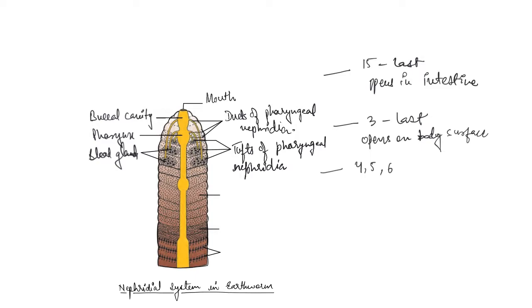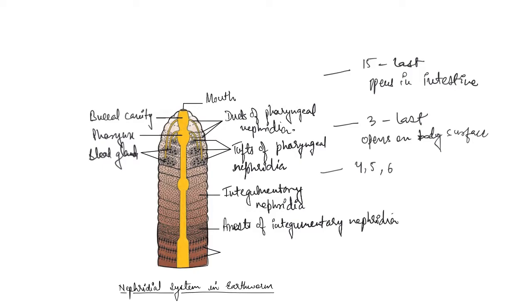After that, you have integumentary nephridia, present on the surface of the body. And basically these are more dense, so these are known as forests of integumentary nephridia.